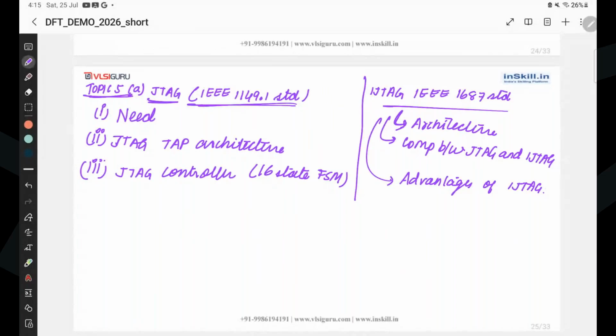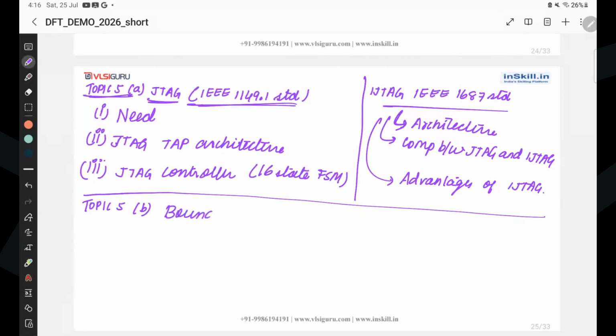And then topic 5B. Topic 5B is nothing but boundary scan. Boundary scan, we also call it as B scan. Okay.